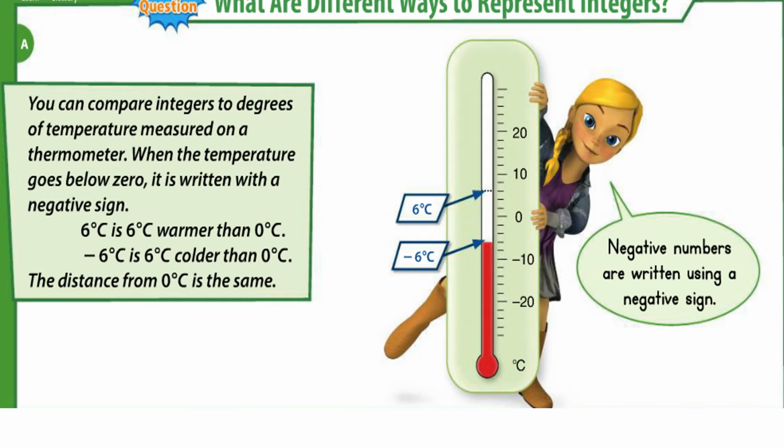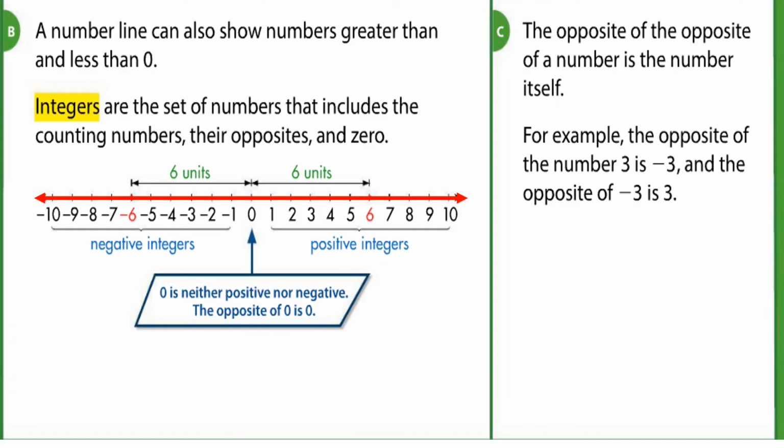Okay, so again, negative numbers are written using a negative sign, and the negative numbers are below 0 or less than 0. Let's now see how to use the number line to represent the integers also. As I said, the number line can show the numbers greater than and less than 0, like the red number line here.